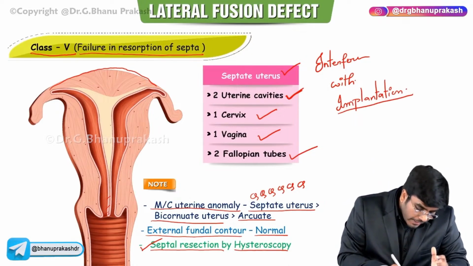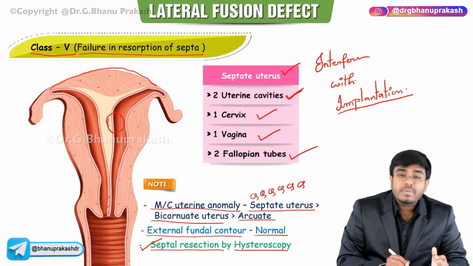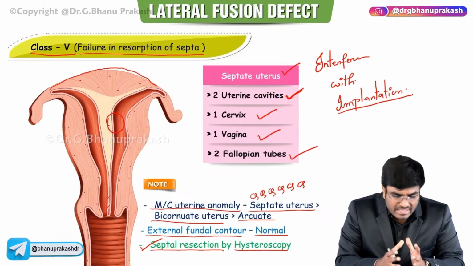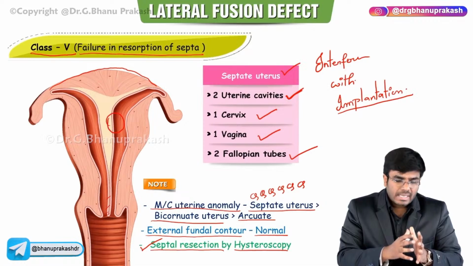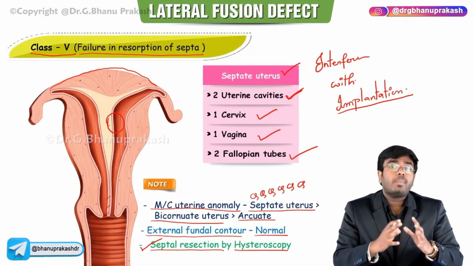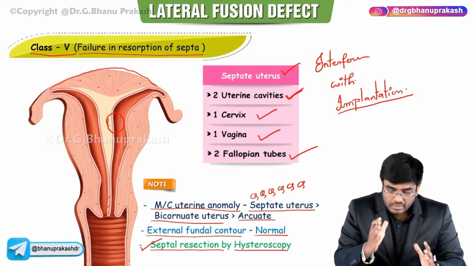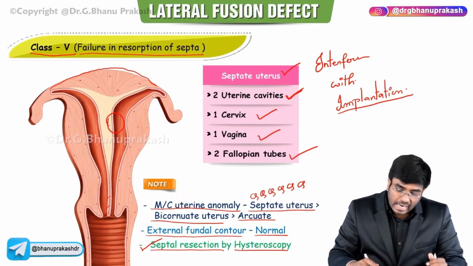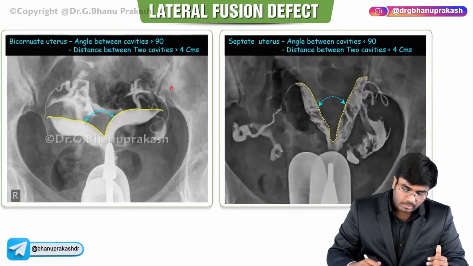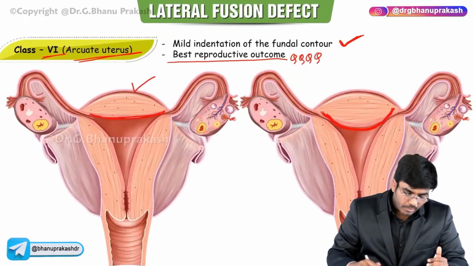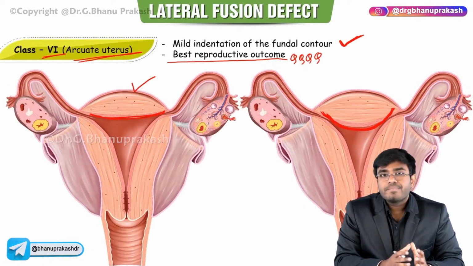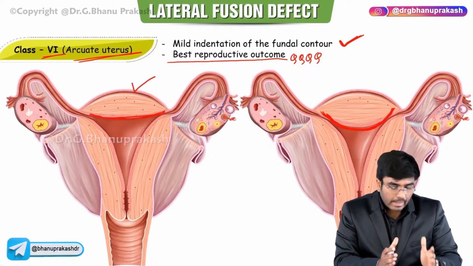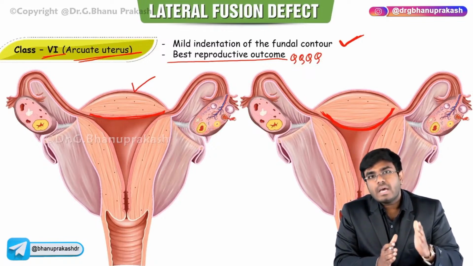So the embryo might get implanted over the septum. That septum is less vascular, and the endometrial lining is not as good as the remaining part of the uterus. So having the septate uterus causes problems with implantation, and that can cause abortions, recurrent abortions. So the worst reproductive outcome is seen with the septate uterus, and the best reproductive outcome is seen with the arcuate uterus.